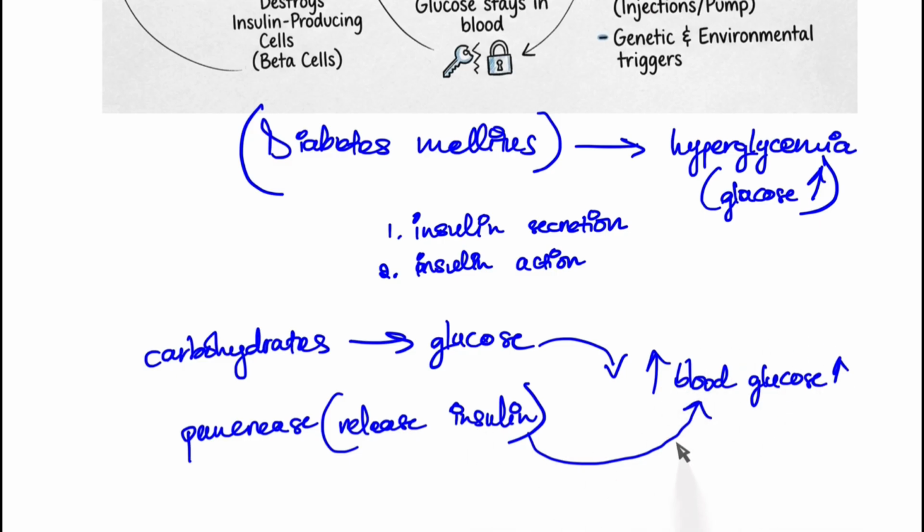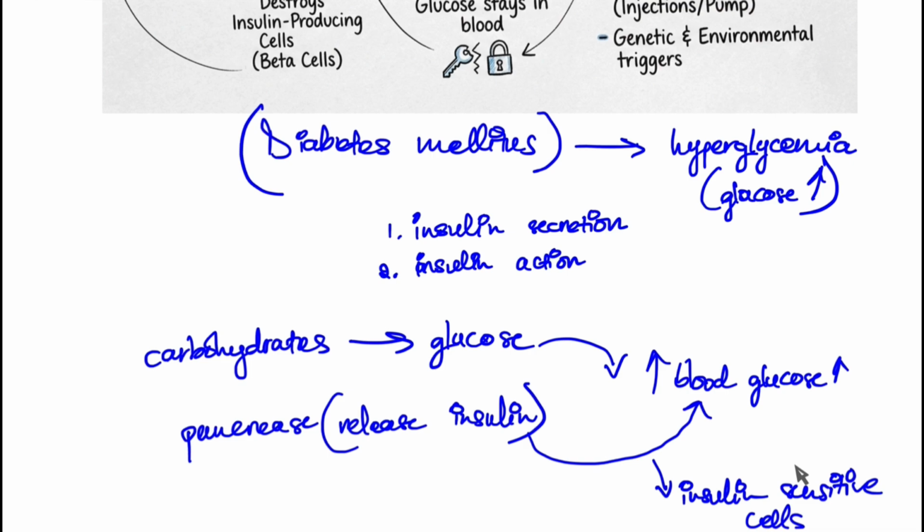So insulin is going to increase the intake of glucose into the insulin sensitive cells. So more glucose is now absorbed from the blood into the insulin sensitive cells. These include skeletal muscles and also adipose tissue.